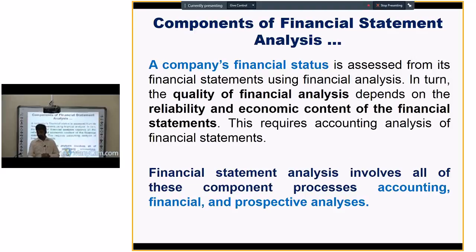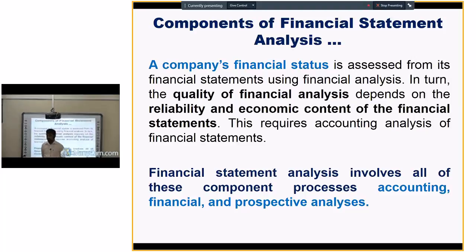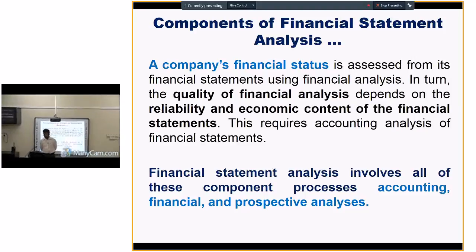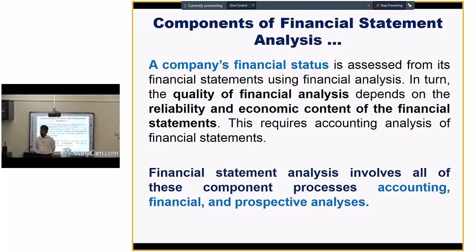analysis, prospective analysis. Then the component of financial statement analysis. Now a company's financial status is assessed from its financial statements using financial analysis. Here, this is under the financial statement analysis. In turn, the quality of financial analysis depends on the reliability and economic content of the financial statement.